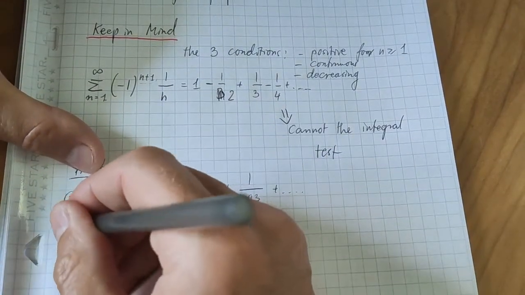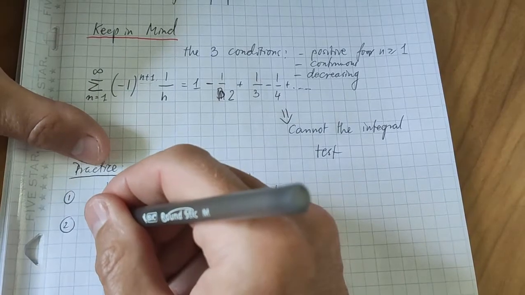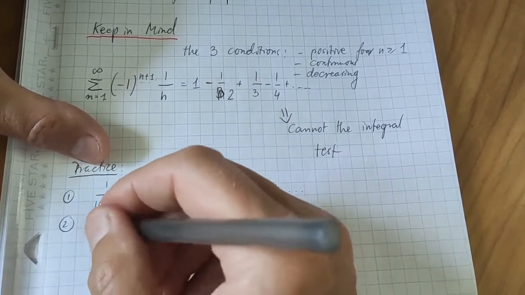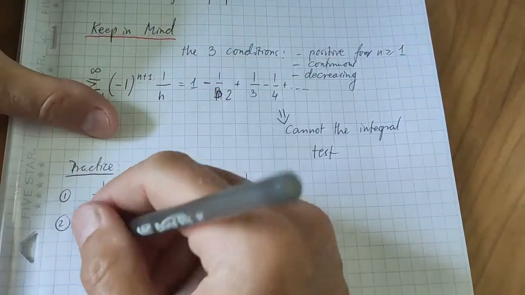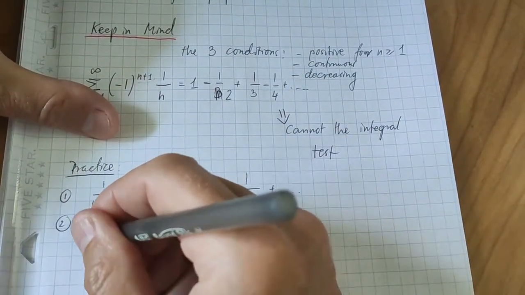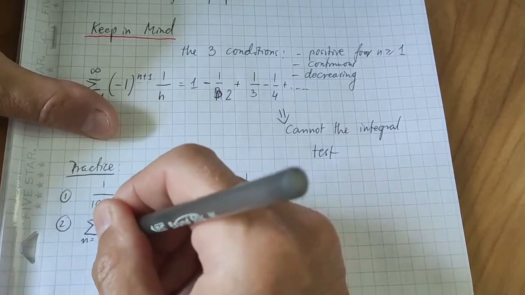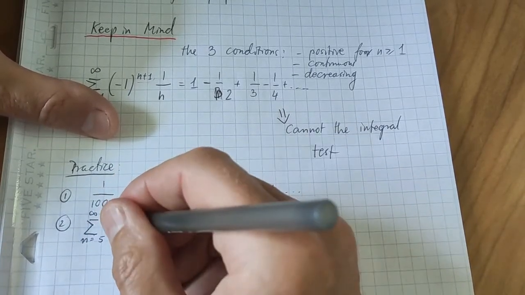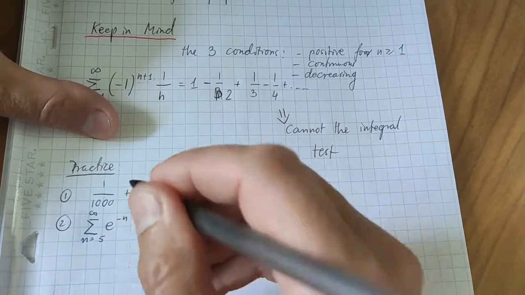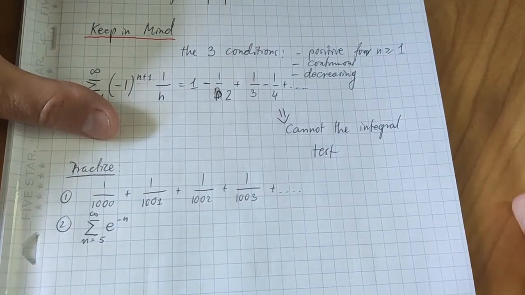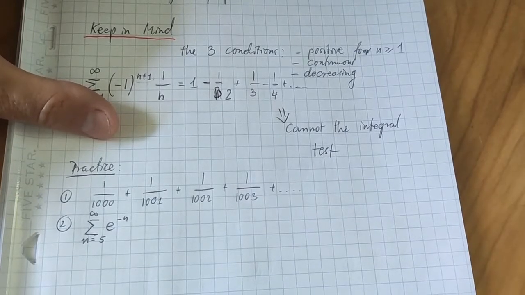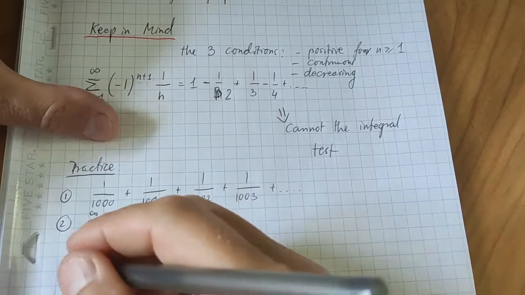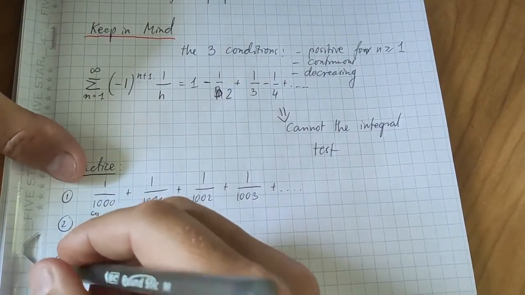Okay, so I'll have 5 problems for you. Problem 2 looks like this: the sum from n equals 5 to infinity of e to the negative n. Okay, number 3.